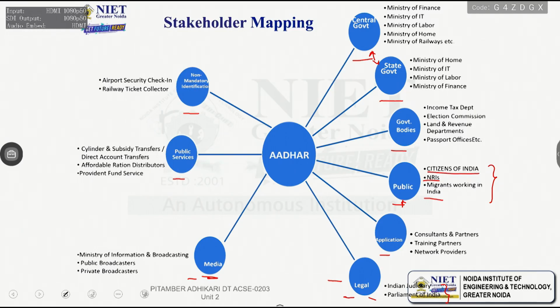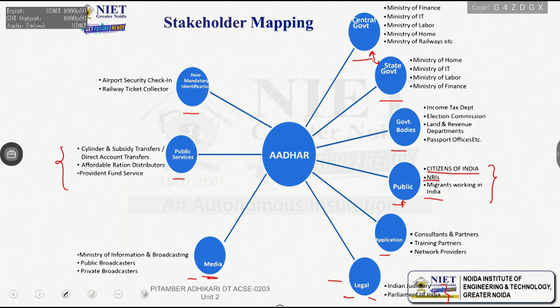Then after media we have public services. As all of you know, there are different public services provided by the government of India to common people, like cylinder and subsidy transfer, provident fund services, and affordable ration distribution. There are a lot more services provided by the government of India.